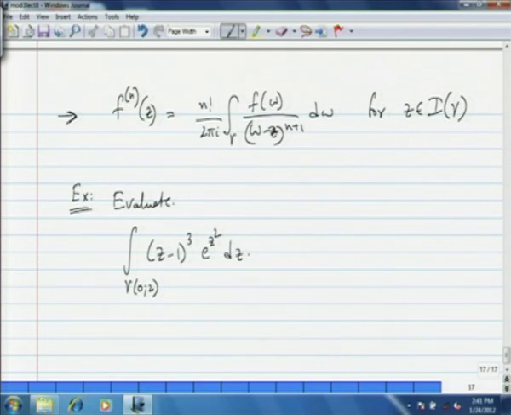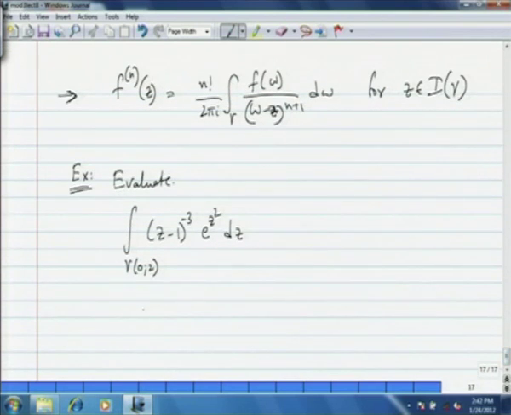Rather, that is (z minus 1)^(-3) times e^(z squared) dz. Notice that z equals 1 is a point which will appear in the denominator of the integrand, or z equals 1 is a singularity of the integrand, and this belongs to the inside of the curve gamma 0,2.